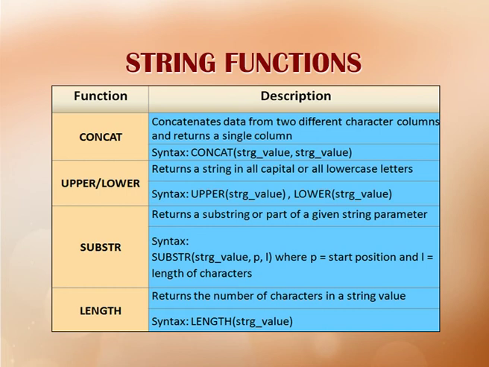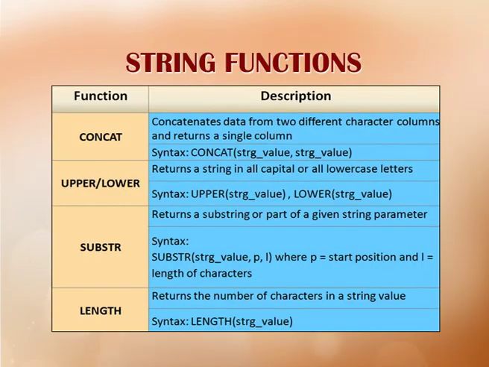For that you can use concat, and in order to find the uppercase or the lowercase, you have string functions called upper and lower, and then you have another function called substring, and you can mention the start position and the length of the characters, and from a given source string you can find out the substring. And there is another function called length, in order to find the string length of any existing column, and it will return the number of characters in a string value.